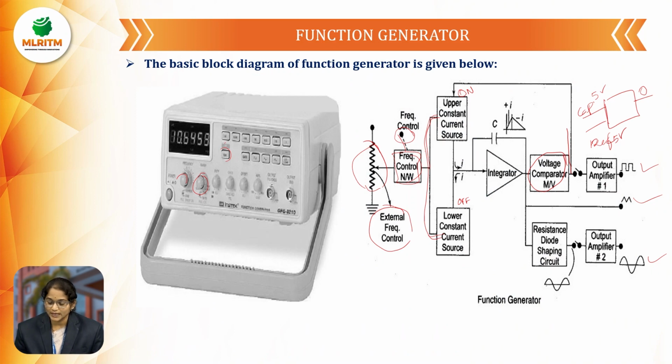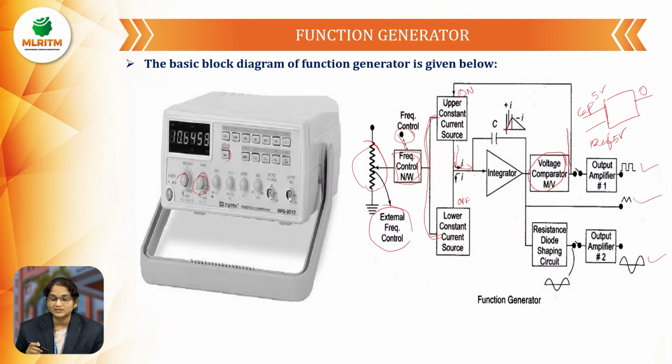Whenever the upper constant current source is in the on state, the current flows through this integrator. What is the function of this integrator? It charges the capacitance, right? Whenever the upper constant current source supplies the constant current, it is charging here with plus I. It continuously charges until it reaches the reference voltage.